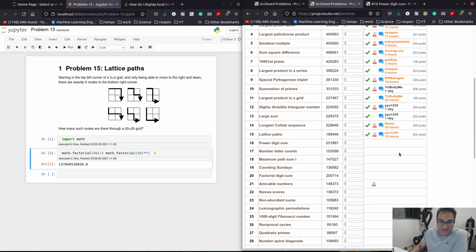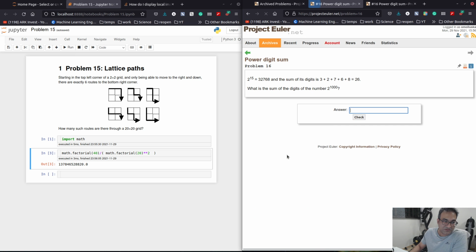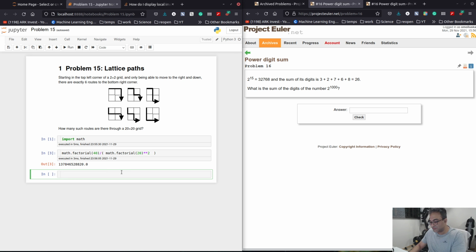Okay, so we have solved lattice paths. Next is power digit sum. This is another one of those things where we can do this ridiculous thing. Okay, problem 16, power digit sum.